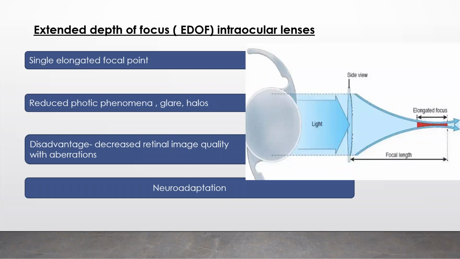Coming to the extended depth of focus intraocular lenses. These form a single elongated focal point, which gives us the advantage of having a desired image over a range, not at only one particular distance. Unlike multifocal lenses, they have reduced photic phenomena such as glare and halos, mainly because the bright artifacts are not caused by multifocal rings.